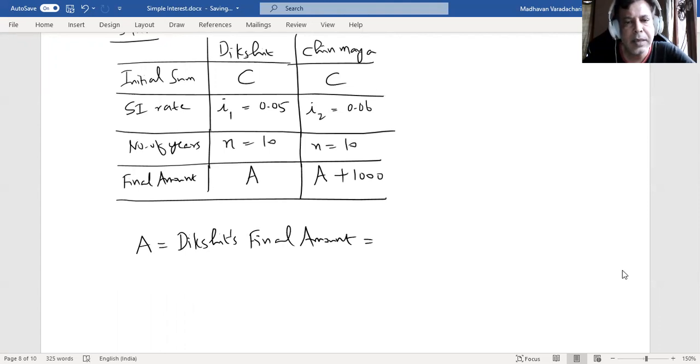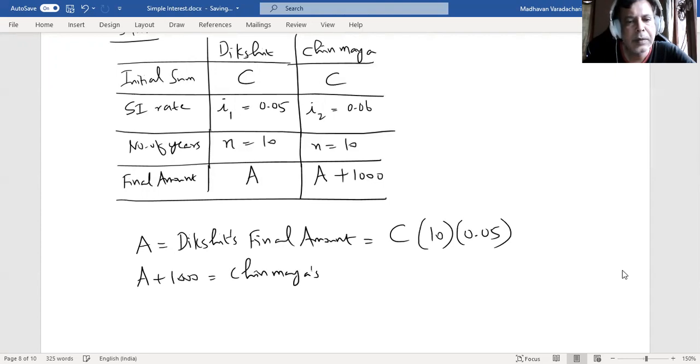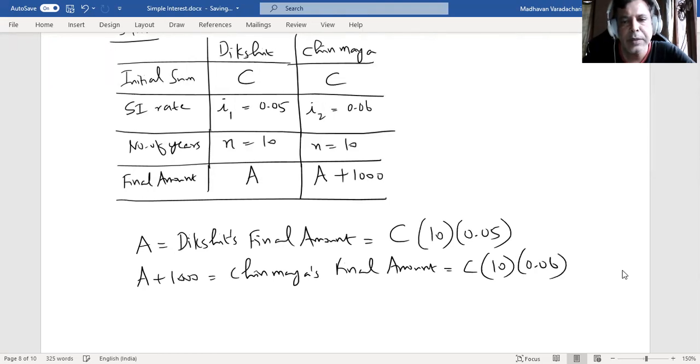Is C and I, so C times N, that is 10.05. And Chinmaya's amount, which is A plus 1000, C times N, that is 10 into 0.06.